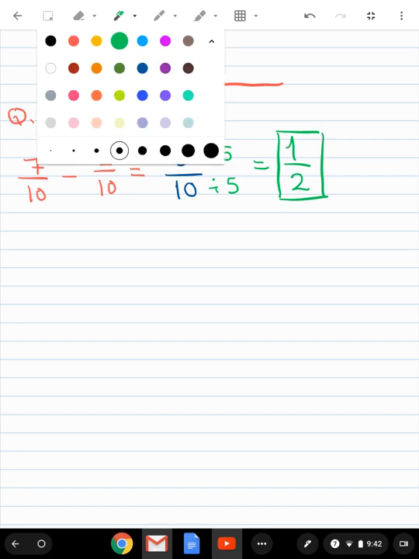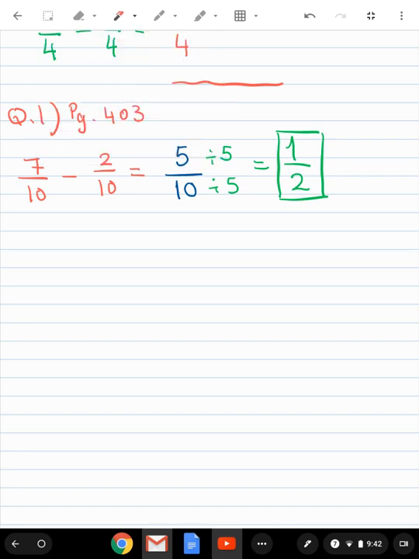Again, we will do another example. It's number 4. We have 7 out of 12 minus 4 out of 12.